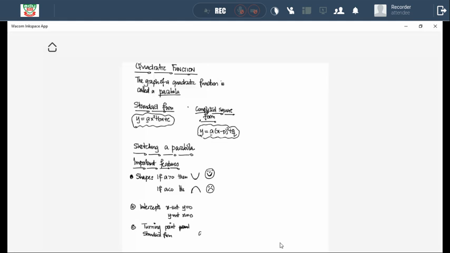On this side, I'm going to say completed square form. In standard form, to get the x coordinate at the turning point, you can just say x is equal to negative b all over 2a. Then you get the x coordinate. Get the value of b, get the value of a, substitute that, and evaluate.